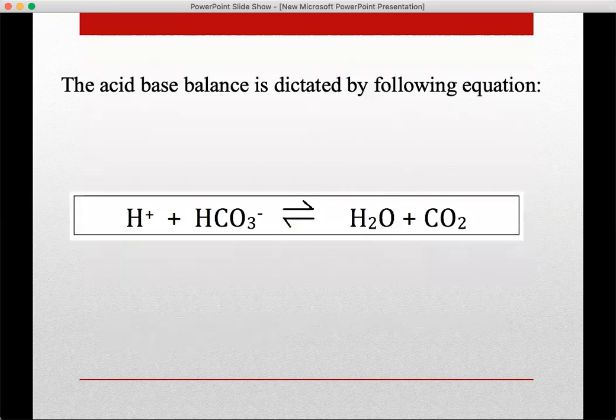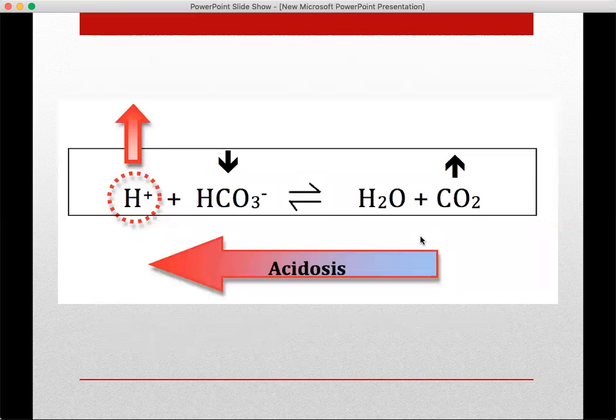This is the acid-base equation, in which we can see hydrogen ion, bicarbonate, water, and CO2. During acidosis, usually bicarbonate will decrease and hydrogen ion will increase, which causes metabolic acidosis.